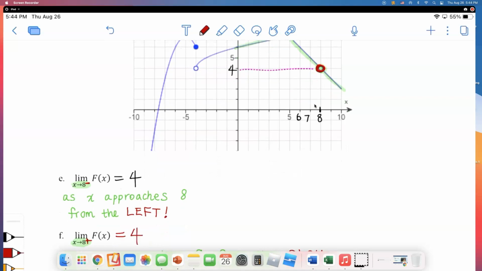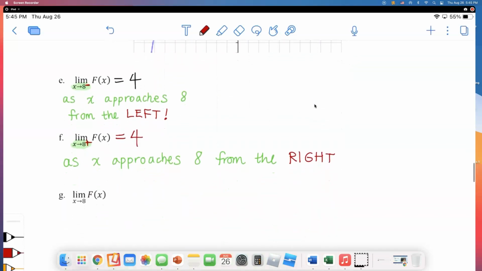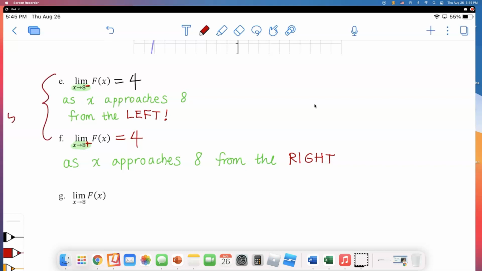So look, the left-hand limit and the right-hand limit match at x equals 8. Yay, they are the same. And that's very good, because if they are the same, the general limit at 8 exists, and that is simply the same as the left-hand limit and the right-hand limit.